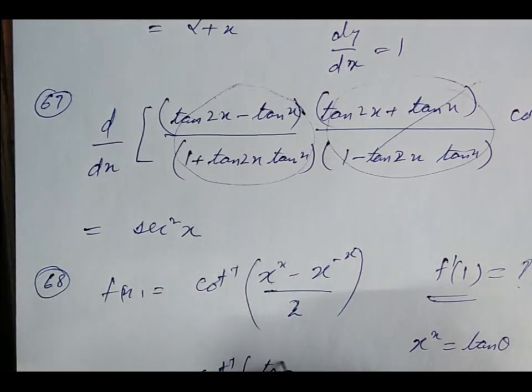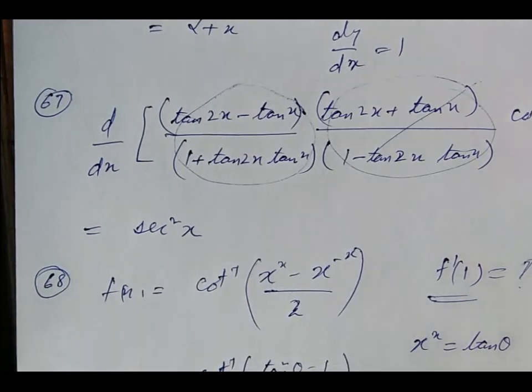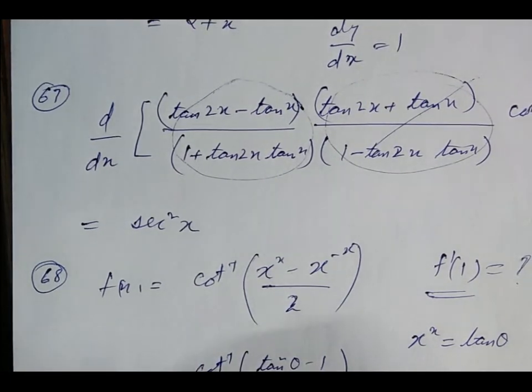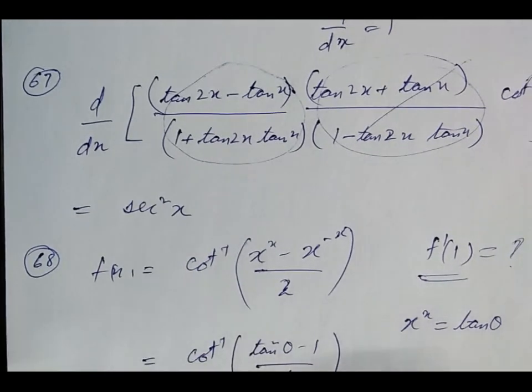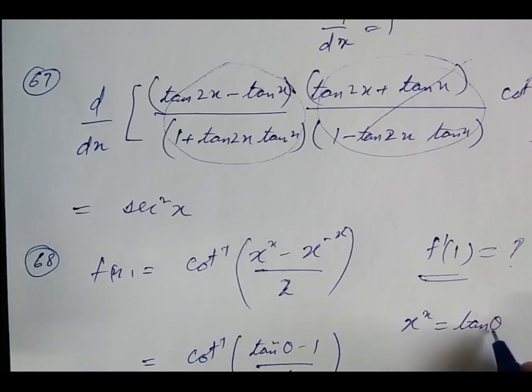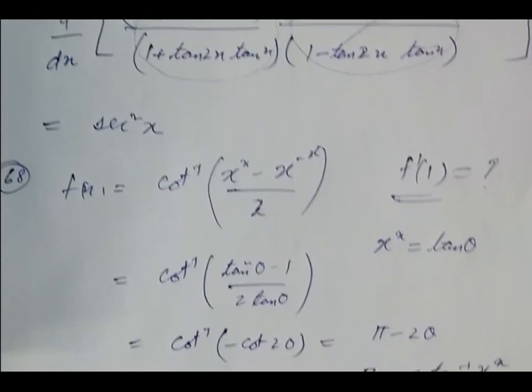This gives us (tan square theta minus 1) upon 2 tan theta, which is minus cot 2 theta, which is pi minus 2 theta, and hence pi minus 2 theta would be tan inverse x power x.